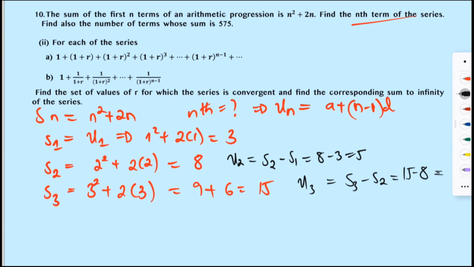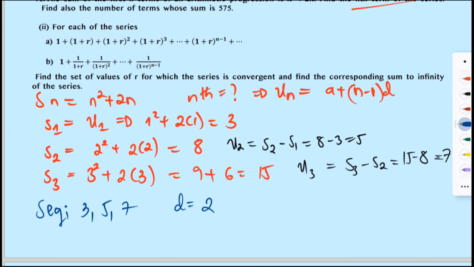Okay, I'm having a brain freeze, which is 7. Okay, our sequence would be 3, 5, 7, and we can definitely see a pattern. So the common difference is 2.